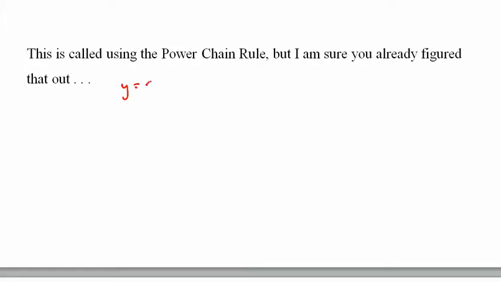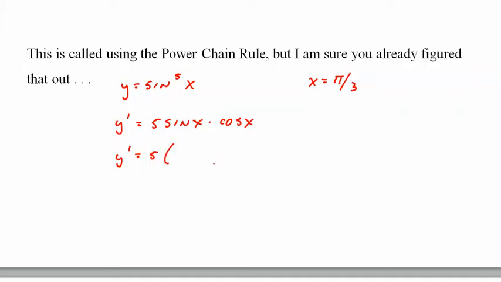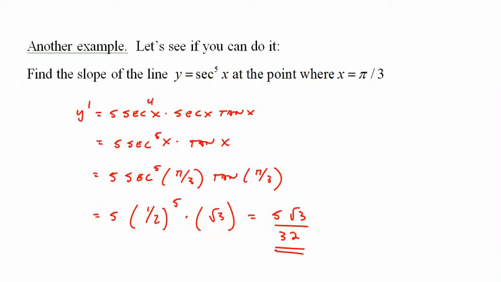sine to the fifth, where x equals pi over 3. What is the slope? 5 sine of x to the fourth times cosine of x. Y prime equals 5 times sine of pi over 3, root 3 over 2, and that's to the fourth. I just realized I made a mistake on that previous one. This should be to the fourth.